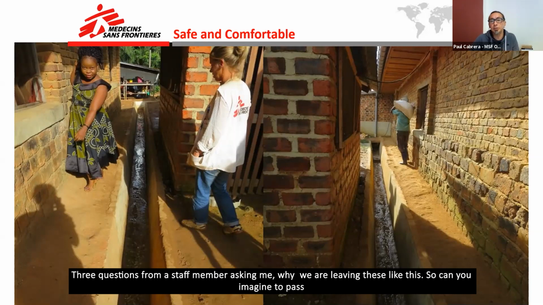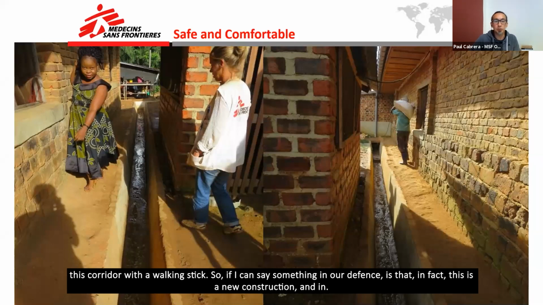At least three persons said to me, why are we leaving this like this? So can you imagine passing through this corridor with somebody who has a crutch or a walking stick?